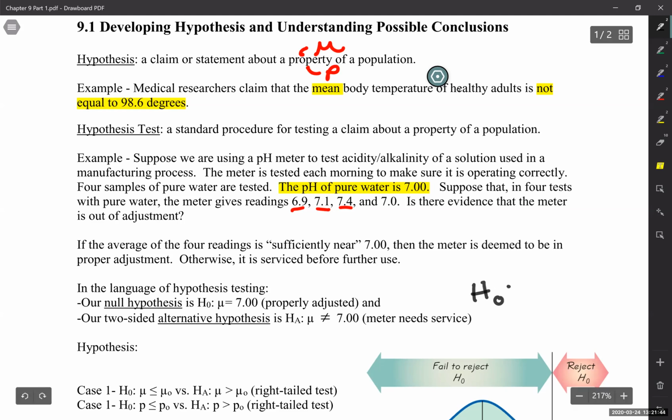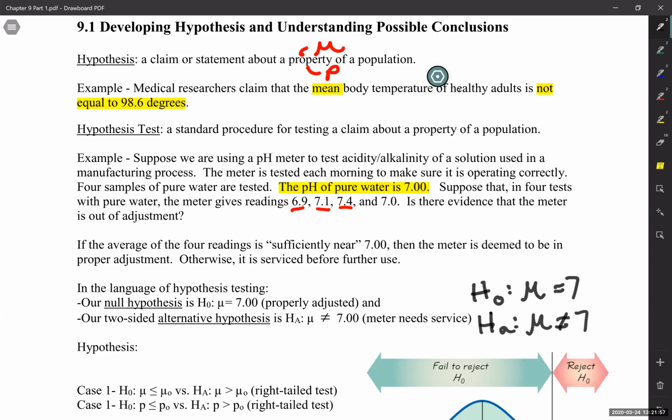And we're saying the mu is equal to 7, the mean is equal to 7. And for our alternative, we're saying that the mean is not equal to 7. So one thing to start off with is, we'll get to that in a minute. Right now, we're just looking at the notation. So we have null is H sub 0 and alternative is H sub A.